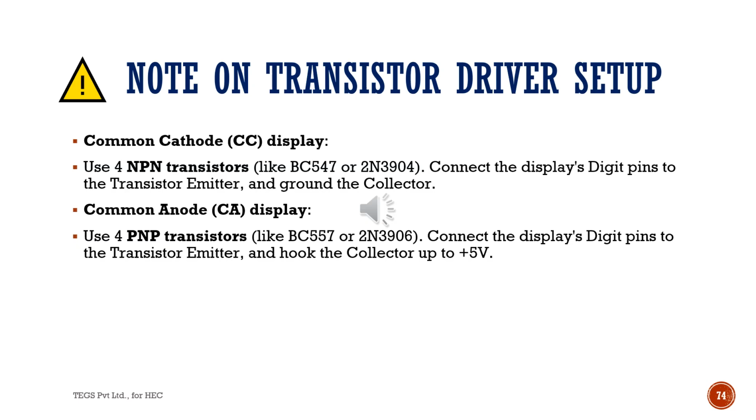The common anode display uses 4 PNP transistors like BC557 or 2N3906. Connect the display digit pins to the transistor emitter and hook up the collector to the plus 5 volt.